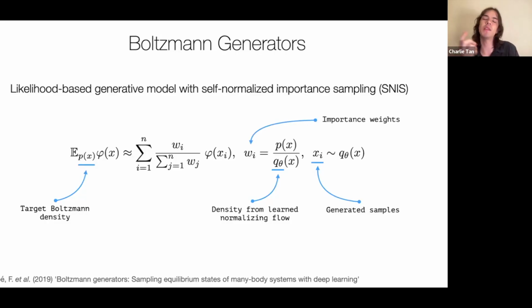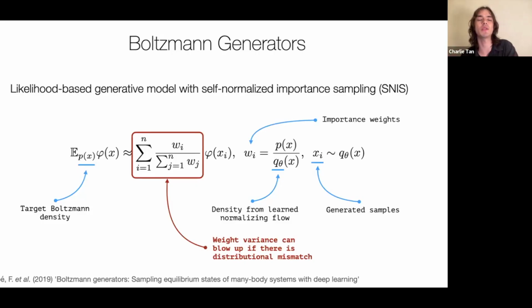It's worth noting that whilst P of x is difficult to sample from, we can assume it to be trivial to compute the energy if we need to. And given these importance weights, we could then perform multinomial resampling to get an approximation to the Boltzmann distribution, or we could use this equation on the left to do an approximation of an observable.